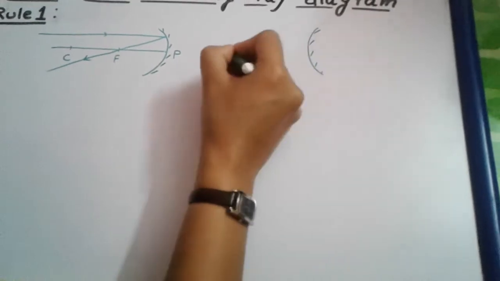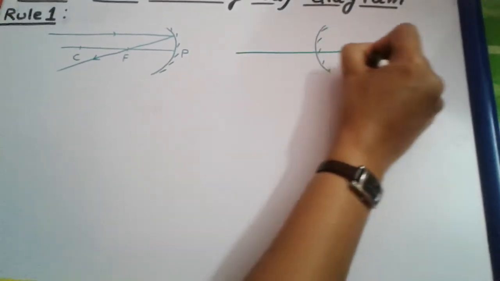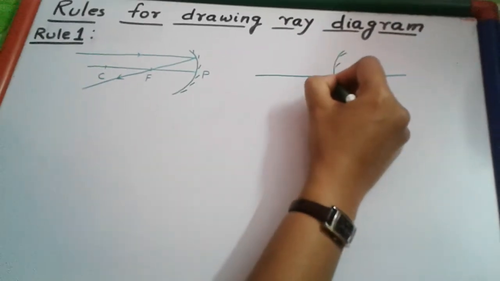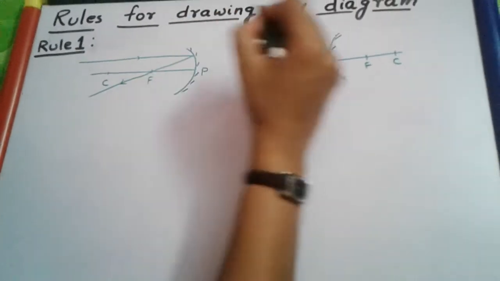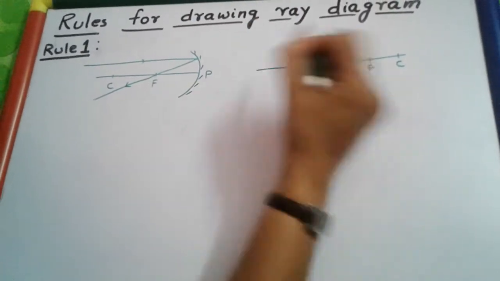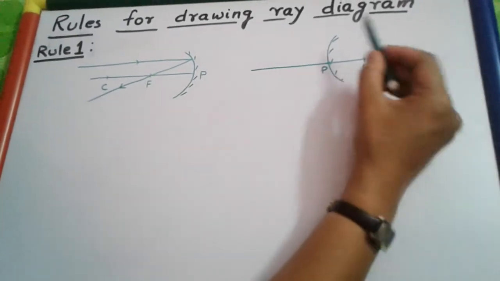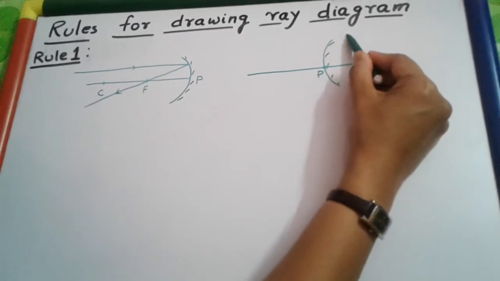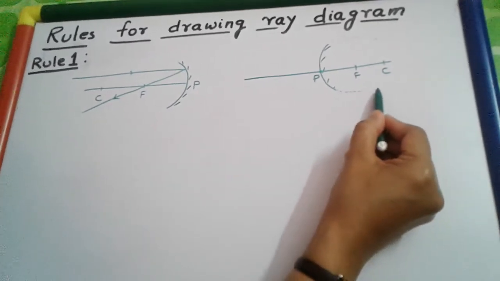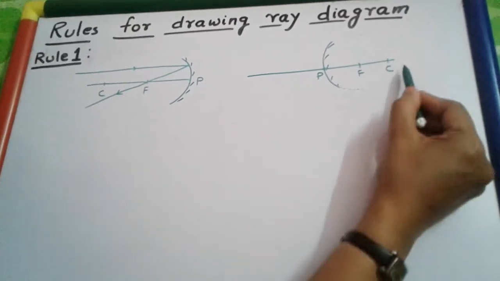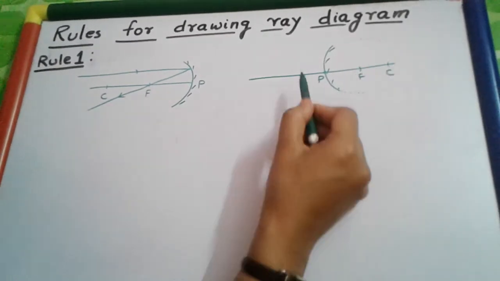For the convex mirror, this is the principal axis, this is point P, this is F and this is point C. See, you have to consider this particular thing. If I finish this circle over here, it is going to complete on this particular side, right. So, where will the center of curvature be? On my right hand side for a convex mirror.